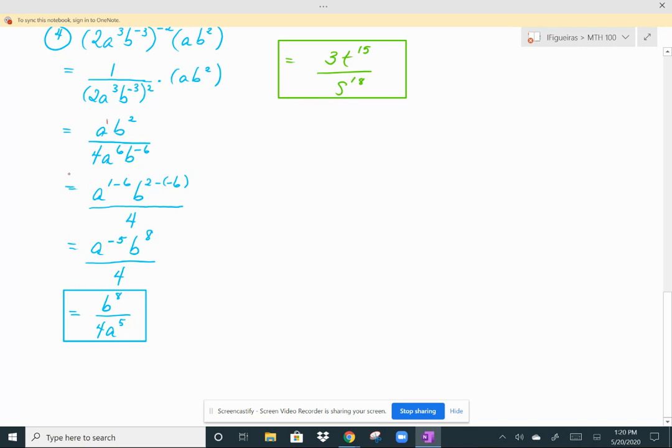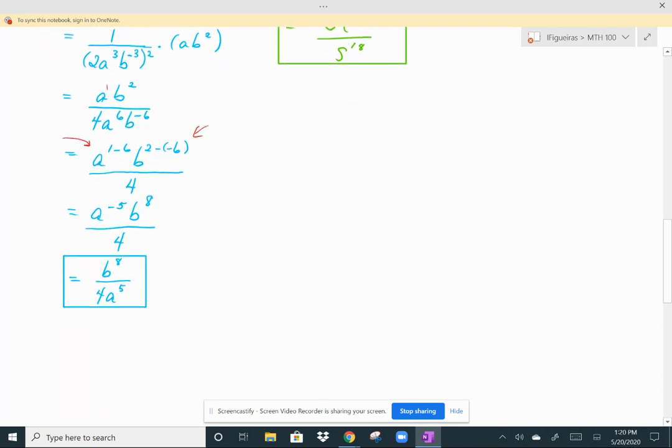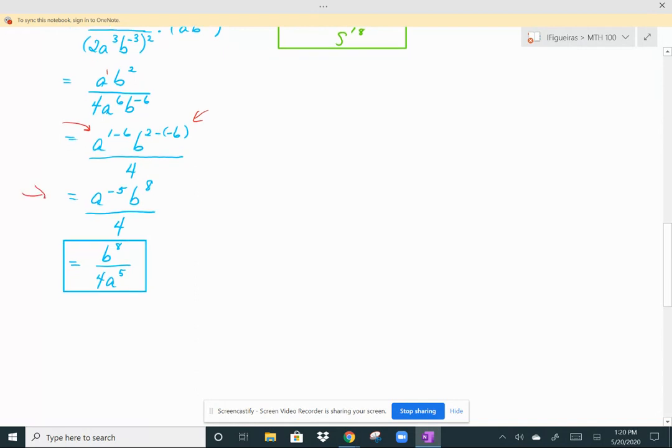That's why here you see a to the 1 minus 6. Always take the numerator exponent minus the denominator exponent. And for b, it's 2 minus negative 6. So a to the 1 minus 6 becomes a to the negative 5. 2 minus negative 6 is the same as 2 plus 6, so that becomes b to the 8th.